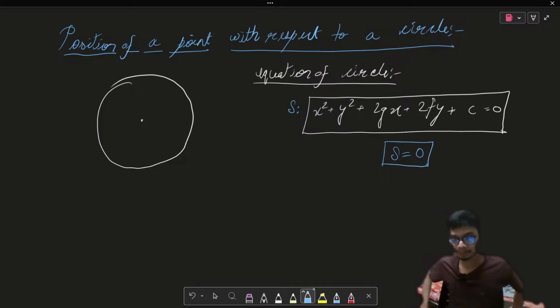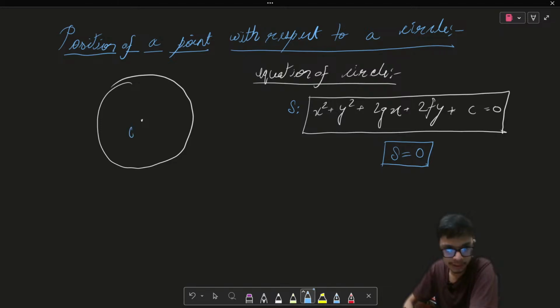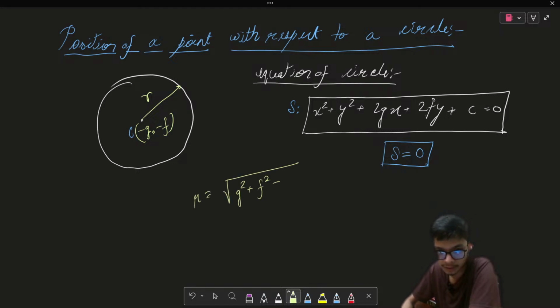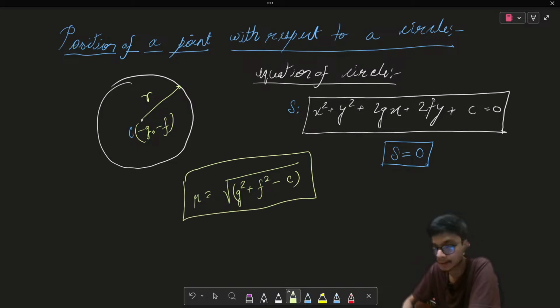Now we know that from this general equation, the center of the circle is minus g comma minus f, right? And the radius is also known to us, that is the square root of g square plus f square minus c.